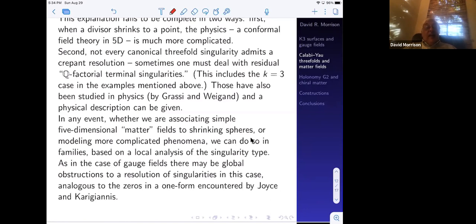And as in the gauge field case, there might be global obstructions to resolving the family of singularities, even if I can resolve them one at a time. And that might be analogous to the zeros in a one form as encountered in the work, slightly related work of Joyce and Karigiannis.